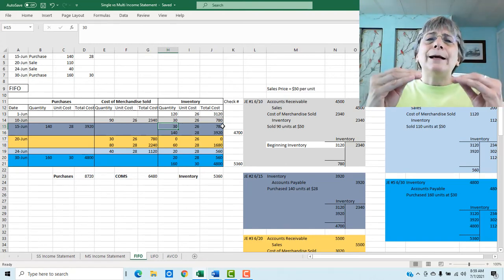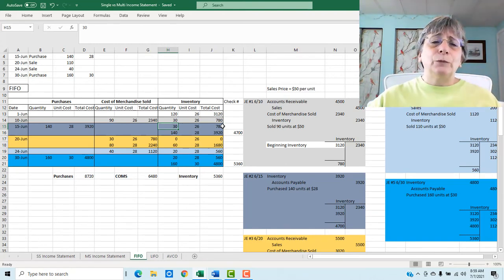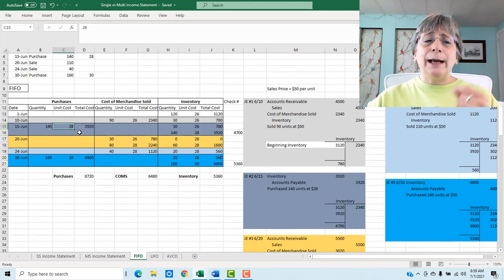So we bring that down in our spreadsheet. We're just dropping this down and saying, okay, now we have 30 at 26, and we're adding on 140 at 28. So the price of this item has gone up on the purchasing side of it. So now we've got 30 at 26 and we've got 140 at 28.